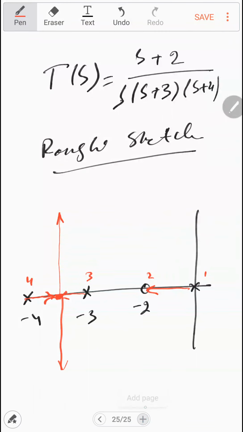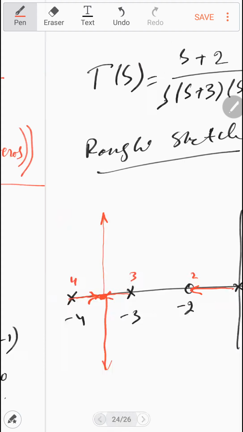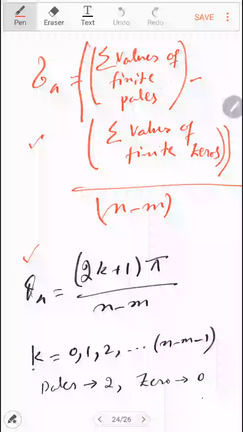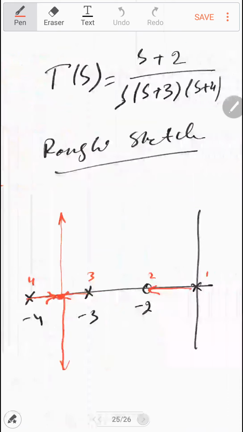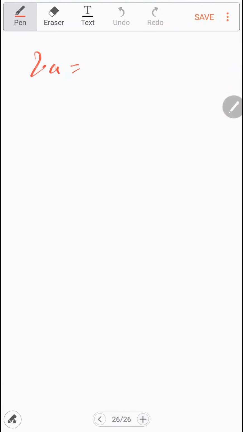Let us find the point of intersection, which is given by delta A. In this formula we have the sum of the values of the finite poles minus the sum of the values of the finite zeros, divided by n minus m. If you use that information, this will be equal to 0 minus 3 minus 4, which are the poles, minus the sum of the zeros, which is 0, divided by n minus m.